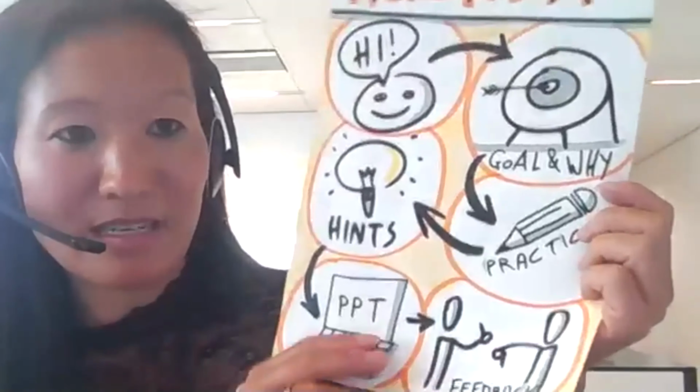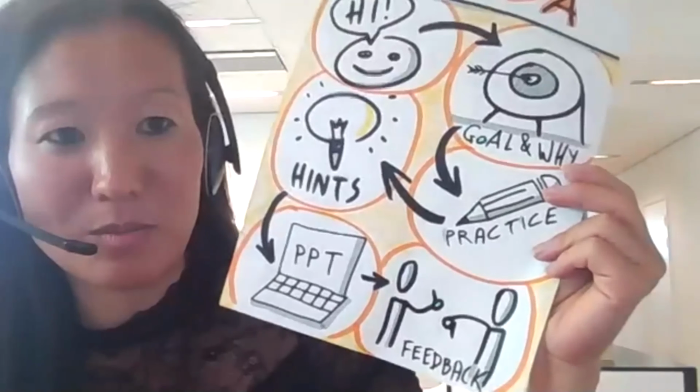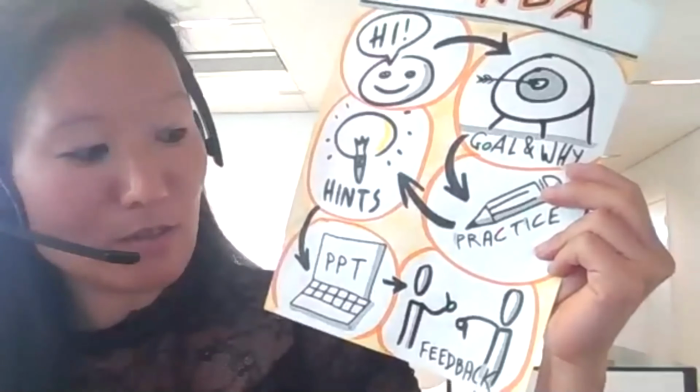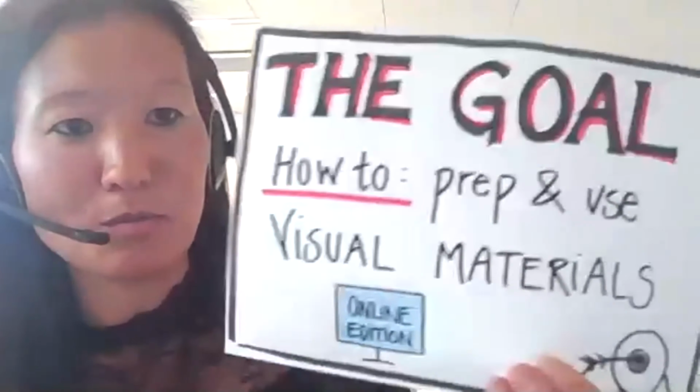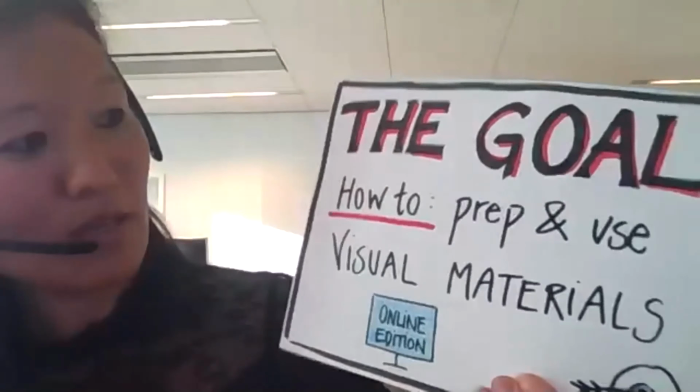And last but not least, we are going to have a feedback session from you. So the goal of today is how to prepare and use some visual materials, and also how to use them in an online setup. And over to you, Paweł.